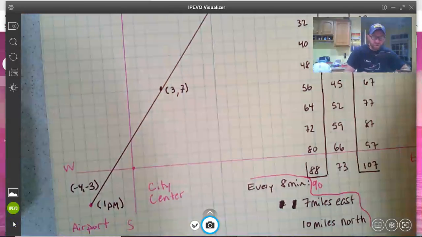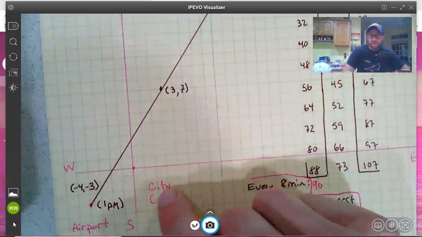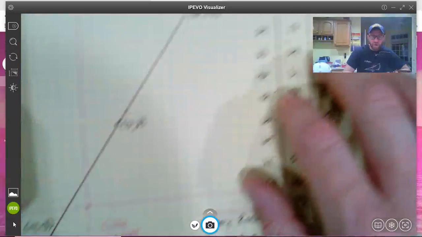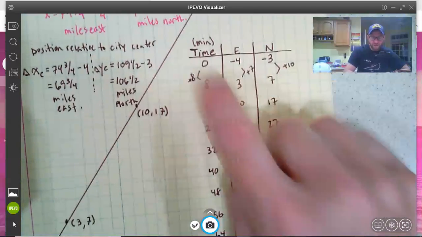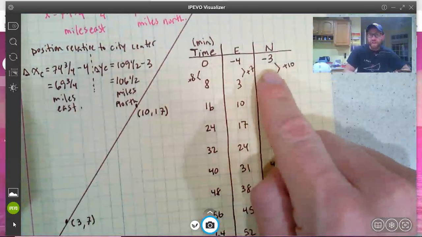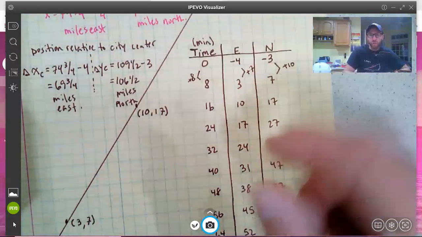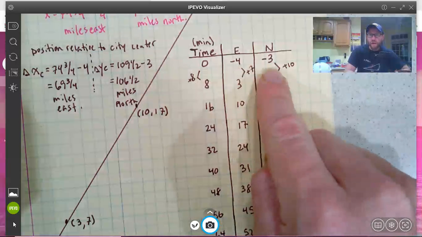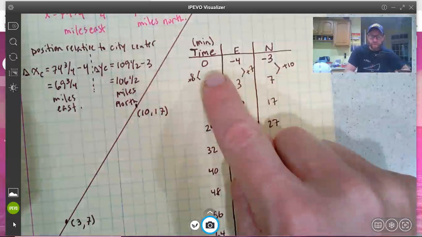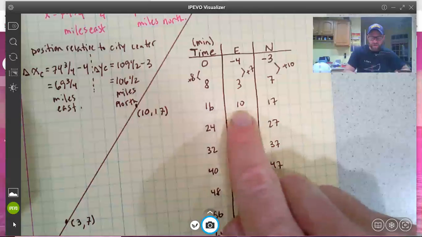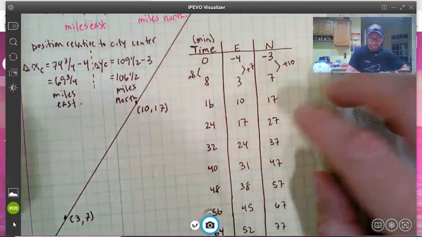And we want that position in relation to this city center, which is actually a little bit off from the airport. So first of all, we came up with this table, time, and then for our east and north position at that time, and the east and north position are just our x and y coordinates. So we said 0, we're at -4, -3, that's the position of the airport at time 0 when she leaves. 8 minutes later, she's at 3, 7. 16 minutes later, she's at 10, 17, and so on.